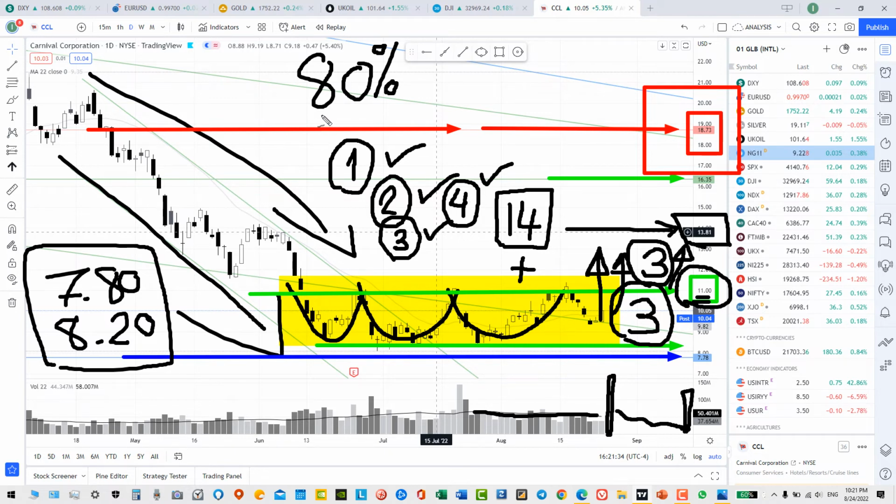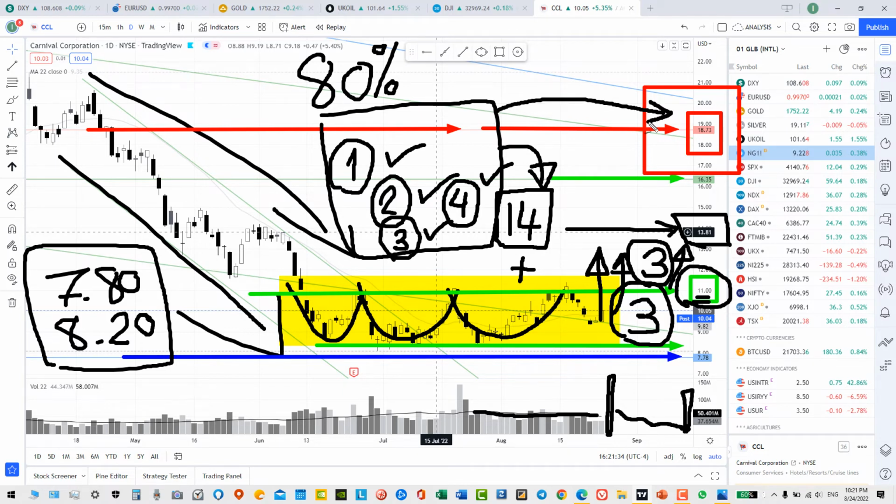If these four conditions are met, we can say that our short-term target is around the $14 area, and our medium-term target is around the $18 to $19 area, which of course is around an 80% rise from the current market price.